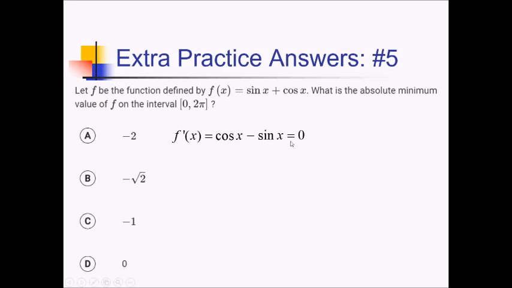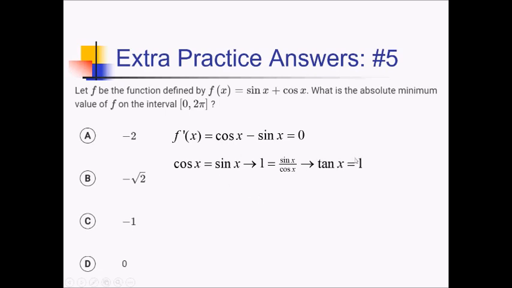Solving this is a little bit tricky, especially because we're not allowed to use a calculator on this one. But you can do it by adding sine to the other side and then dividing both sides by cosine, which is legal because these can't both be 0 at the same time since you're on the unit circle, not the origin, which means that neither of them can be 0. So dividing both sides by cosine, we end up with 1 equals tan of x, because sine over cosine is tan of x.